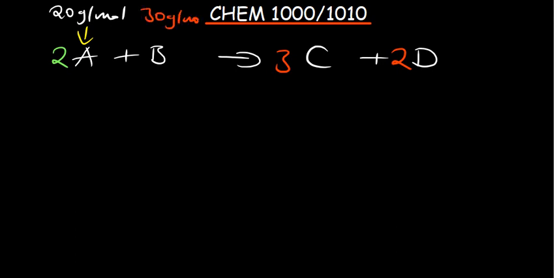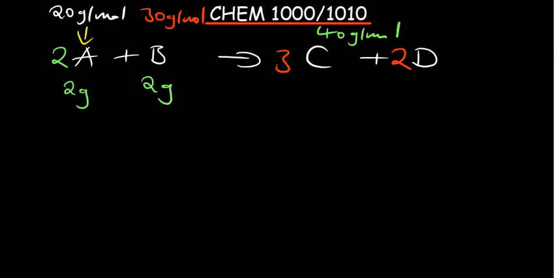Then for C you have been given 40 grams per mole. Since I've given you the molar masses, we want to look at solids first. We've given you the mass: 2 grams of A and 2 grams of B.